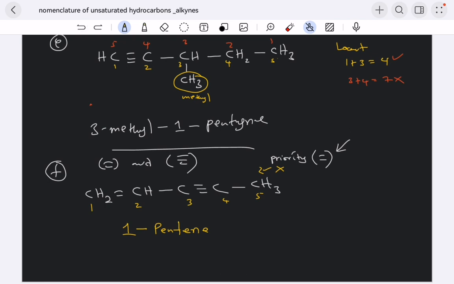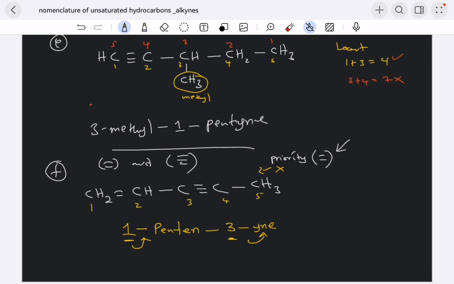So we write it as pentene, then we put a hyphen, then we recognize the presence of the triple bond at position number 3, then the family name of the entire compound, which is yne. So yne is recognizing the triple bond, then 1 is recognizing the double bond.